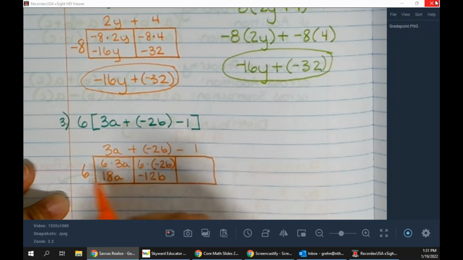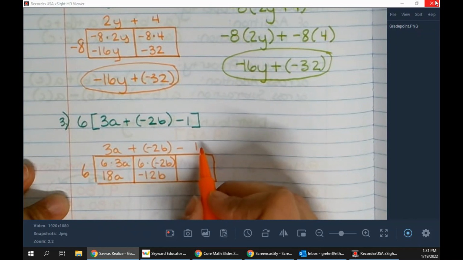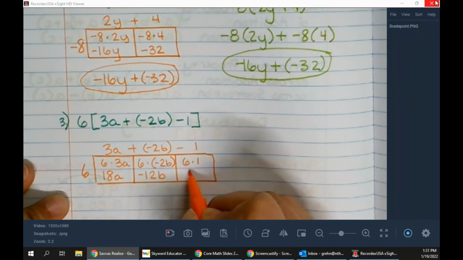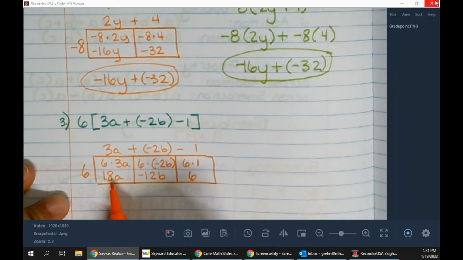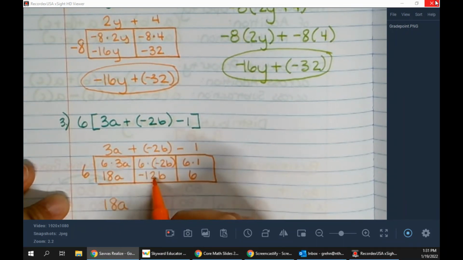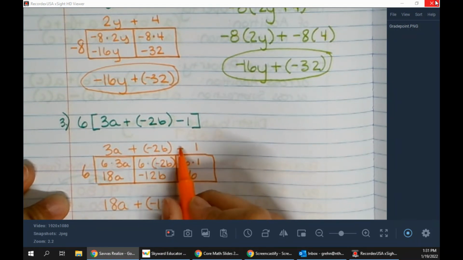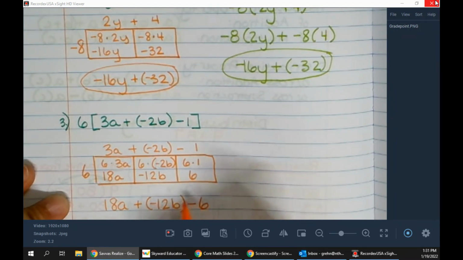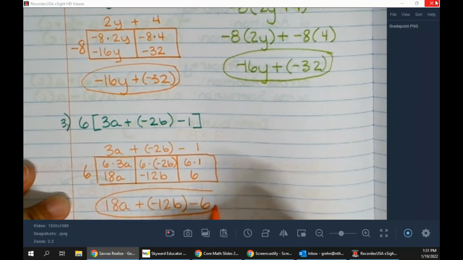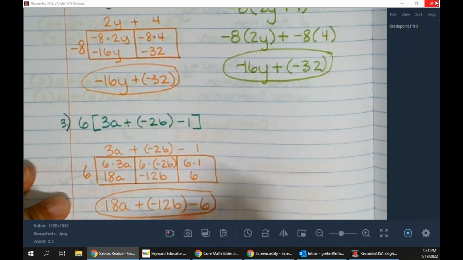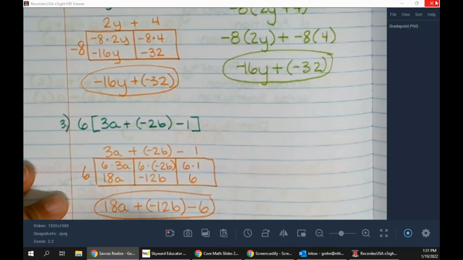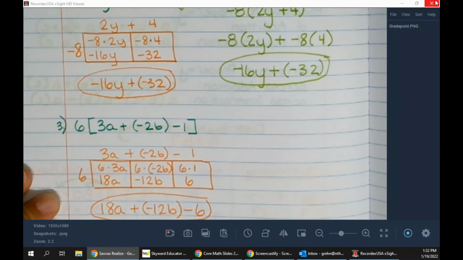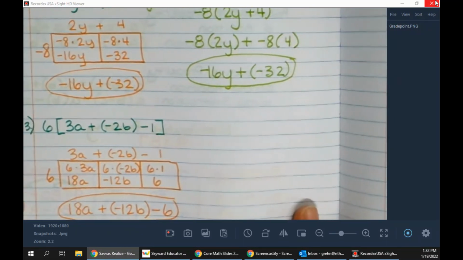And then lastly, I have 6 and 1, so 6 times 1 is just 6. So to write out my expression, I have 18a plus negative 12b minus 6. I can't combine any of those because they either don't all have a variable or they have different variables. So that is my simplified expression.